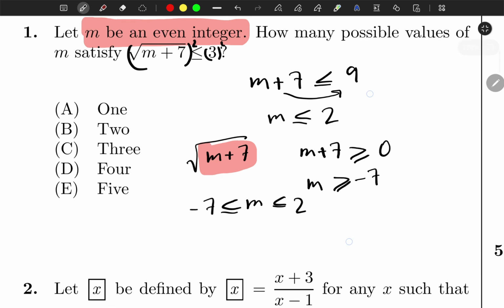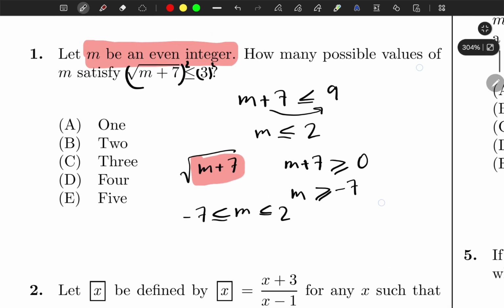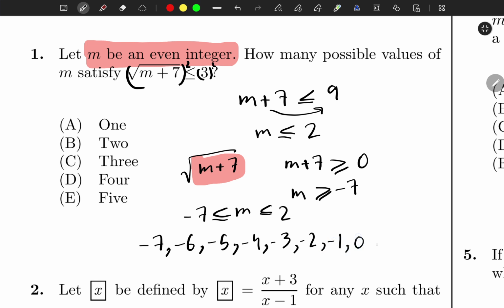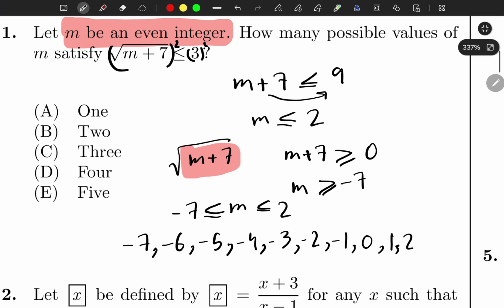So basically the solutions could be minus 7, minus 6, minus 5, minus 4, and so on, up to 2. That's where we stop.